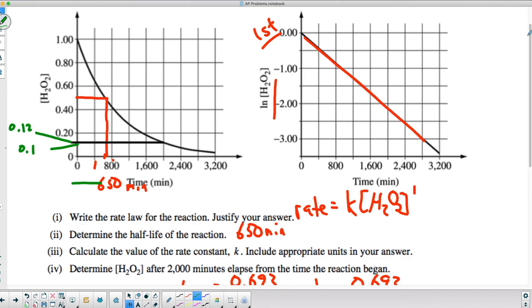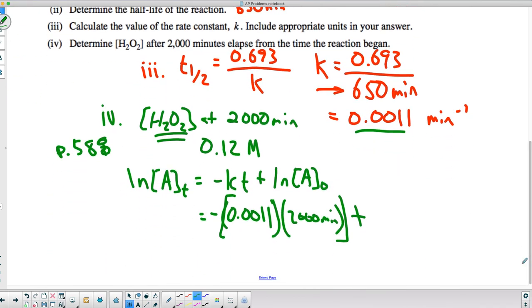I'm looking up here at time 0 where it starts, and it's 1.0 molar. Now let's go back down. On my calculator, what's the natural log of 1? The natural log of 1 is 0. So that's nice, because this whole thing equals 0.